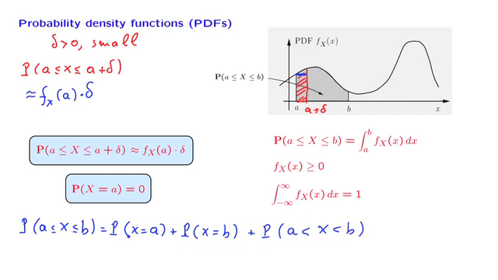According to our discussion, this term is equal to 0. And this term is equal to 0. And so we conclude that the probability of a closed interval is the same as the probability of an open interval. When calculating probabilities, it does not matter whether we include the endpoints or not.